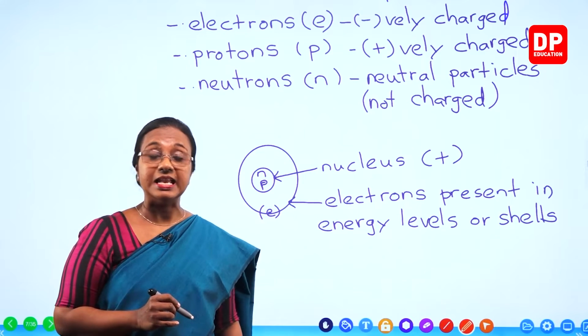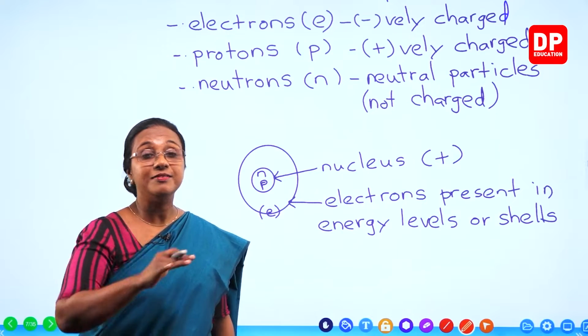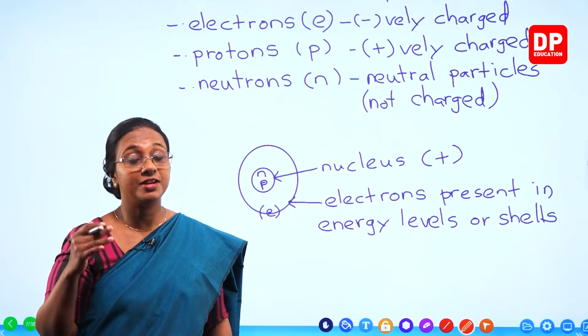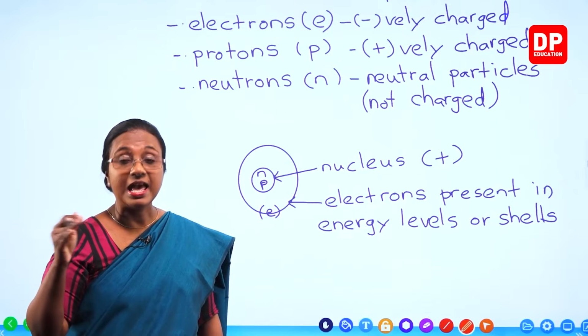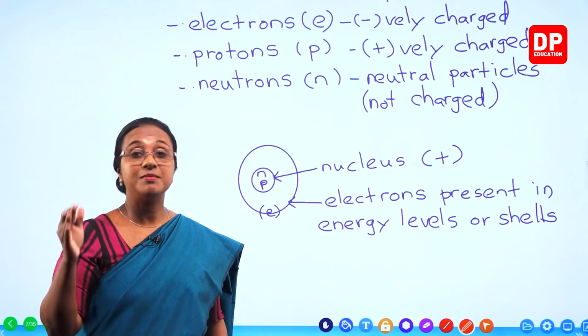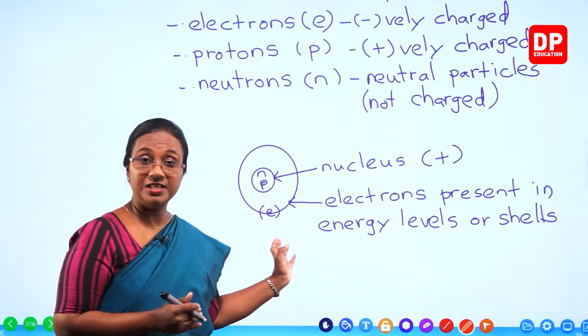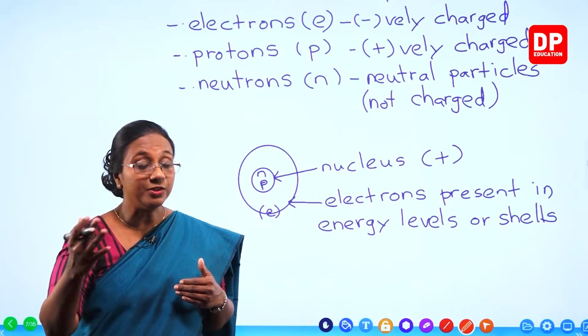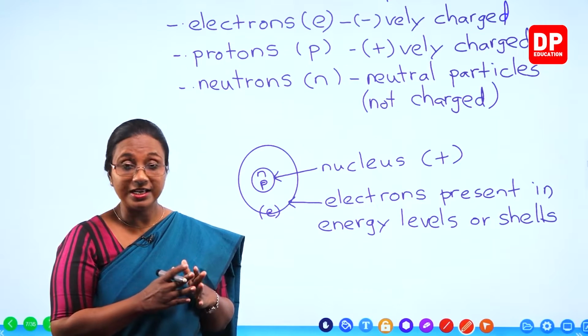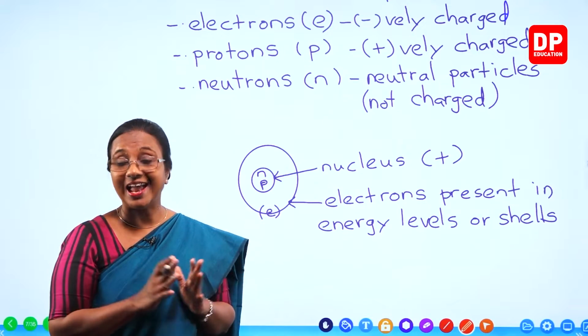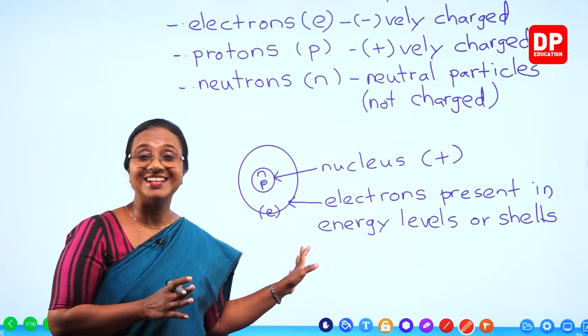Electrons are there in energy levels. And you all are familiar with the different energy levels, the different shells, K, L, M, N, and the maximum number of electrons that can be present in each of these shells, and the way to organize them, the electronic configuration. I'm sure you all can remember all those concepts.